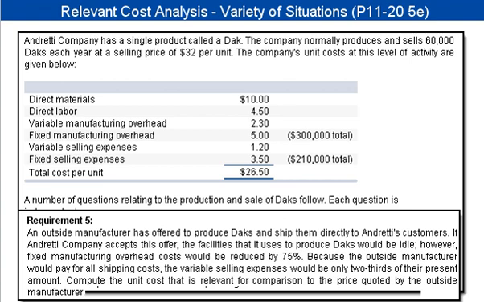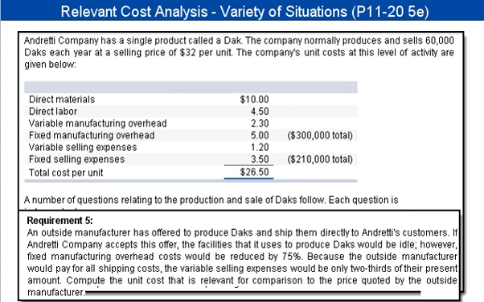Okay, now we look at the last requirement, requirement 5, and it's on the bottom of your screen there. An outside manufacturer has offered to produce DACs and ship them directly to Andretti's customers. So here we have the outsourcing decision, right? If the company accepts this offer, the facilities that it uses to produce DACs would be idle. However, fixed manufacturing overhead cost would be reduced by 75%.